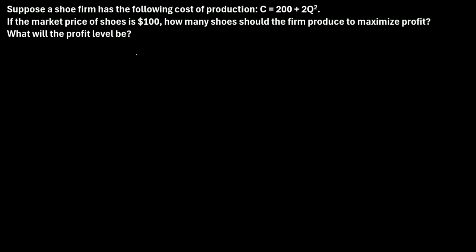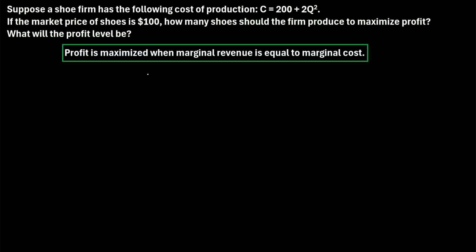So to maximize profit for a given firm, there's one crucial fact that we need to know. And that is profit is maximized when marginal revenue is equal to marginal cost. So we are given our cost function, but we're not directly given our revenue function. So one thing that we need to know is that revenue, I'll write it as R, is equal to the price times the quantity.